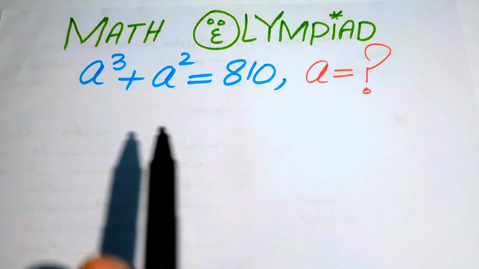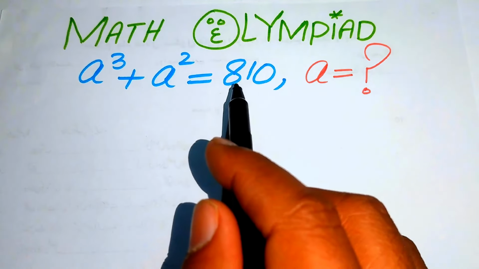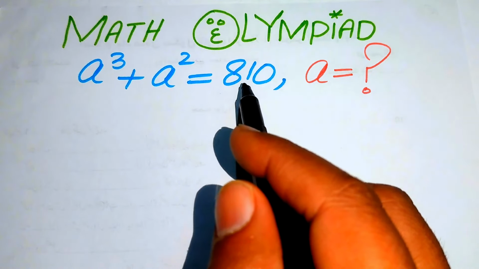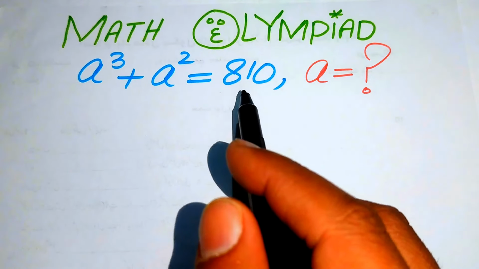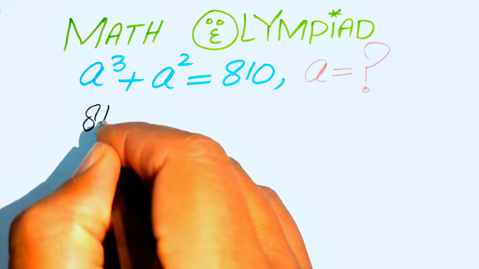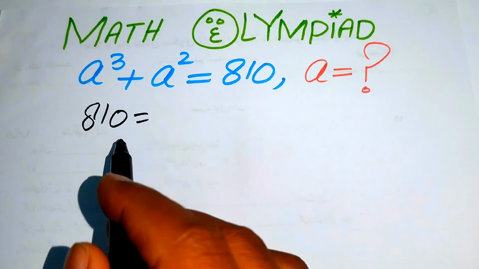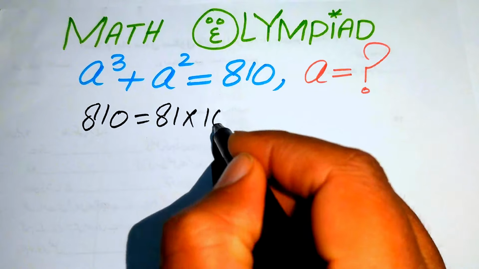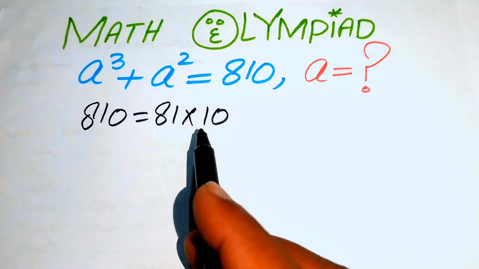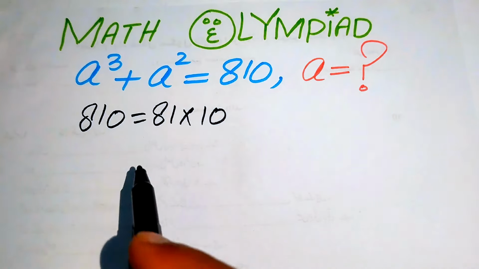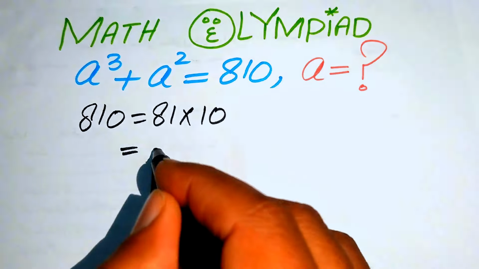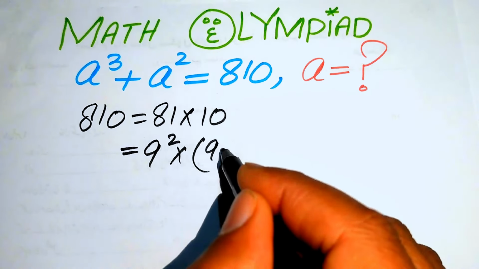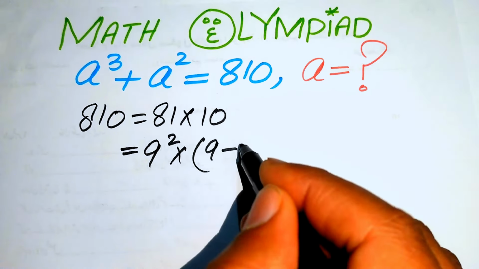So here you focus on the right hand side, and we have 810. We write this 810 as 81 multiplied by 10. You know that 81 times 10 becomes 810. Now we write this 81 as 9 squared, and we write this 10 as 9 plus 1.